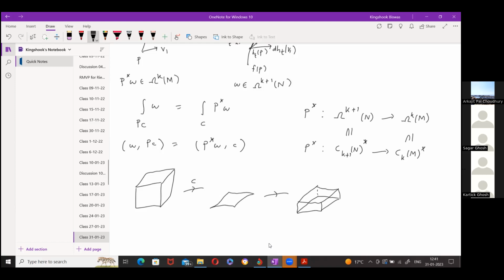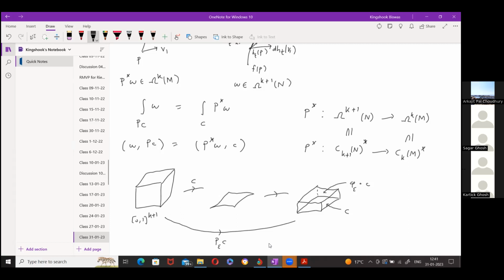So this bottom side will be C, and this top side will be phi epsilon composed with C. This is my P epsilon C, if this is my [0,1]^(k+1).